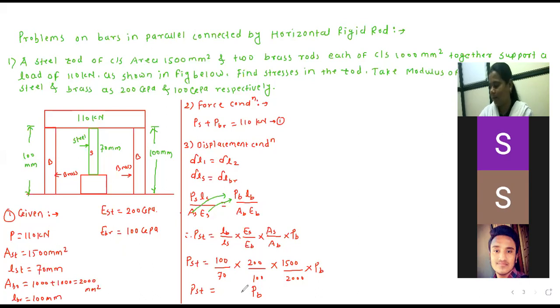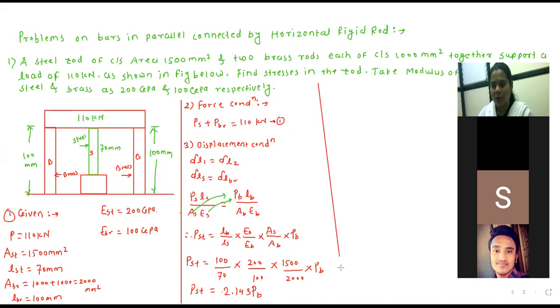Yes, this is correct. 2.14 times force in brass. Already the total force is given. So now we will put values here and solve this equation.